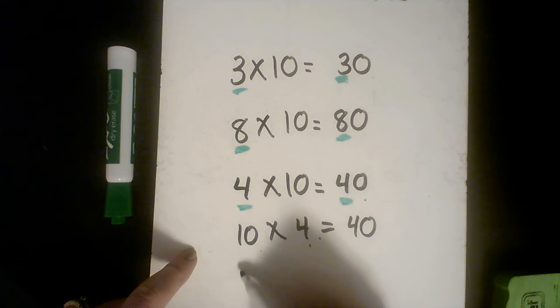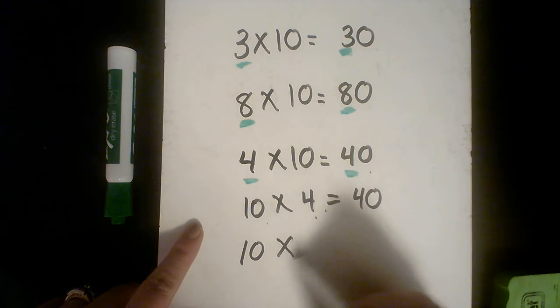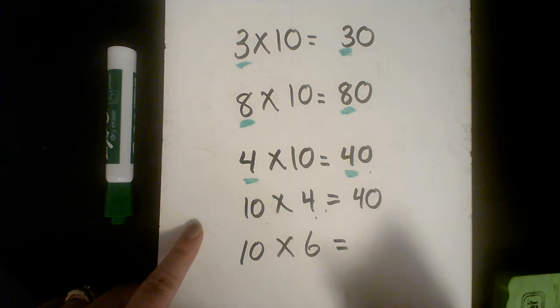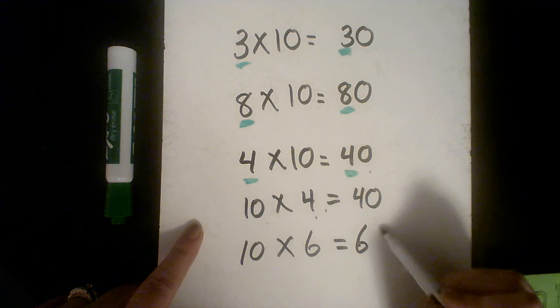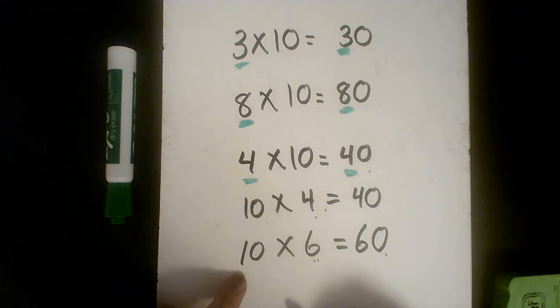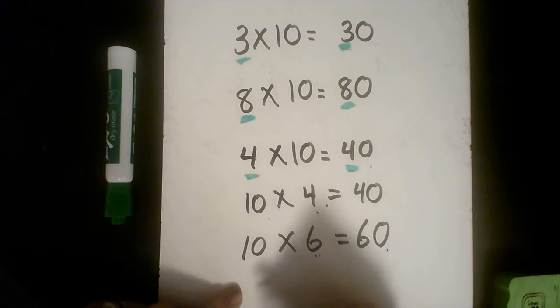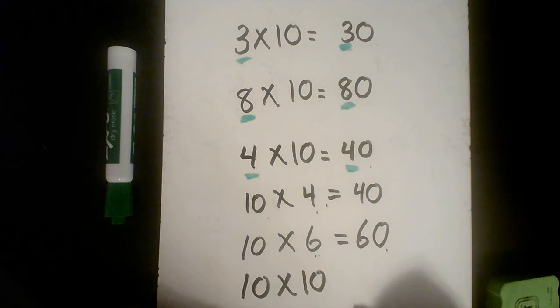So knowing that, what would 10 groups of 6 equal? You were right if you said 60. Take the other factor, put a 0, or skip count by 10 6 times. How about this one? 10 groups of 10.